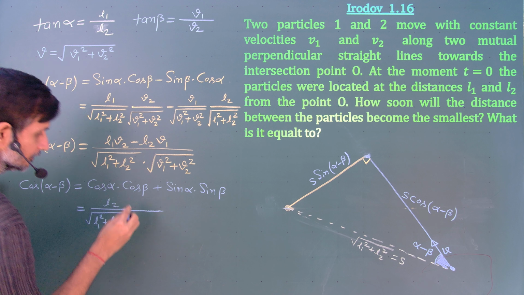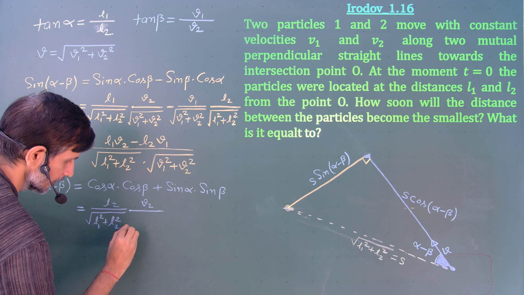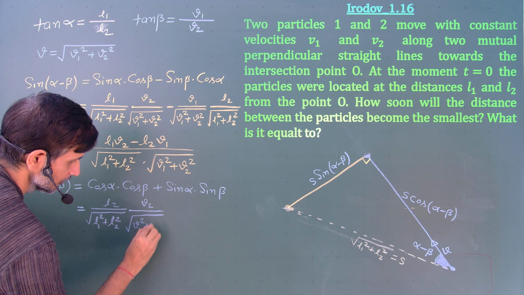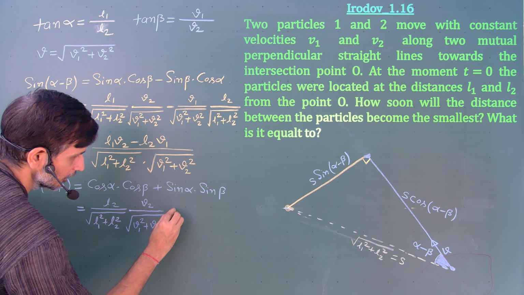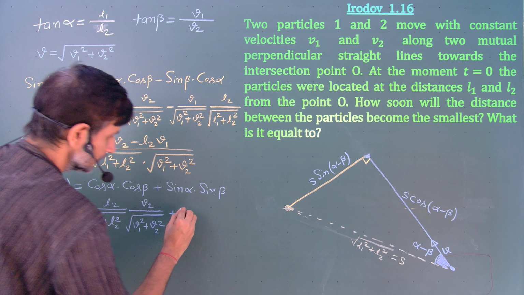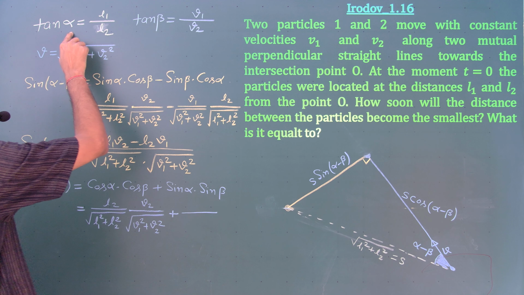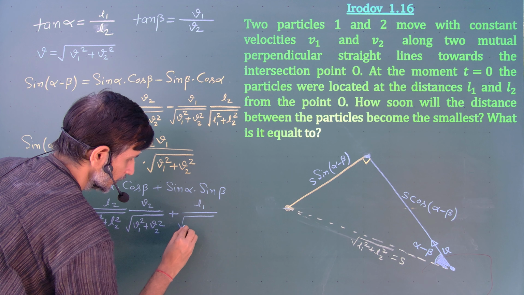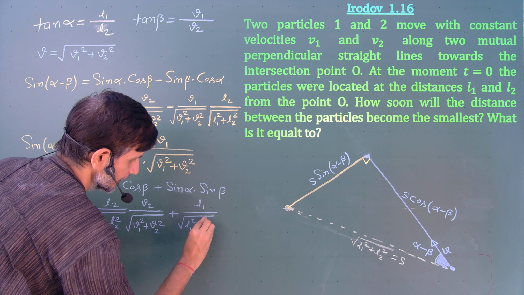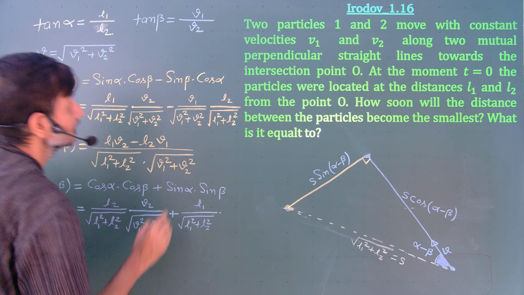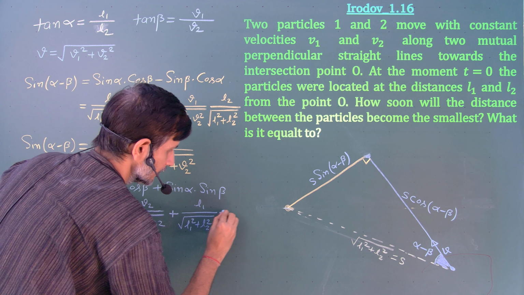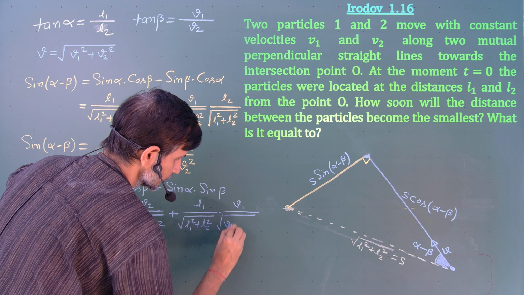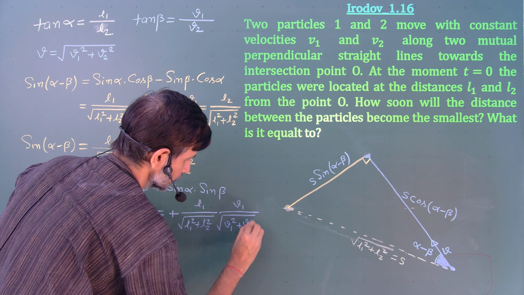For beta, this is V2 divided by under root V1 square plus V2 square. Now this is plus sine alpha, L1 divided by under root L1 square plus L2 square into sine beta, this is beta, V1 divided by under root V1 square plus V2 square.